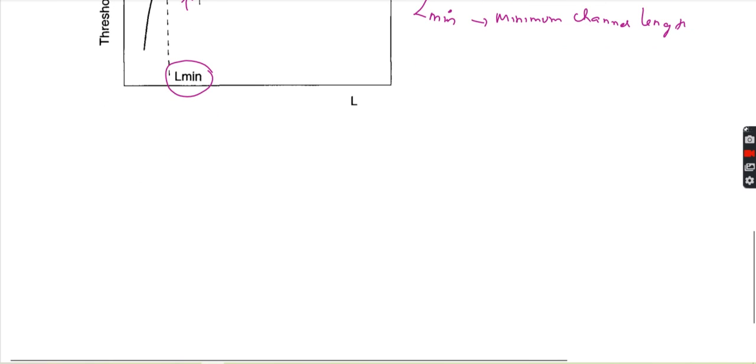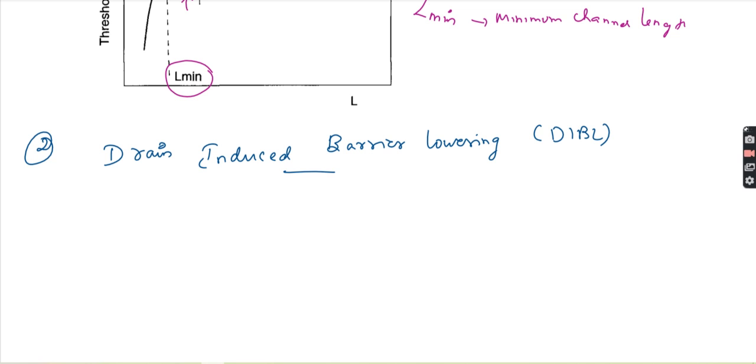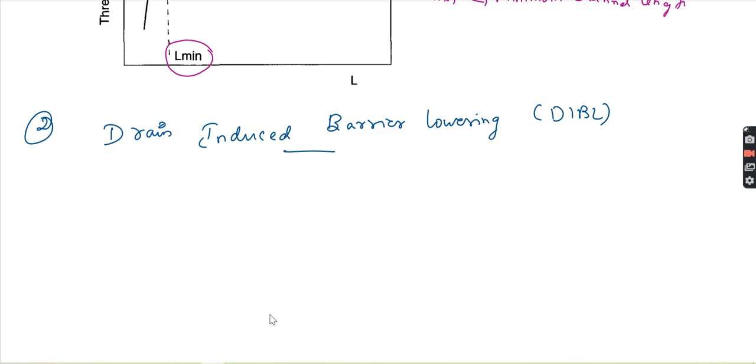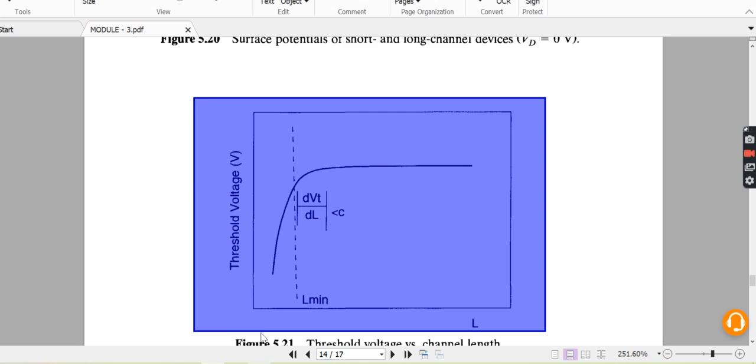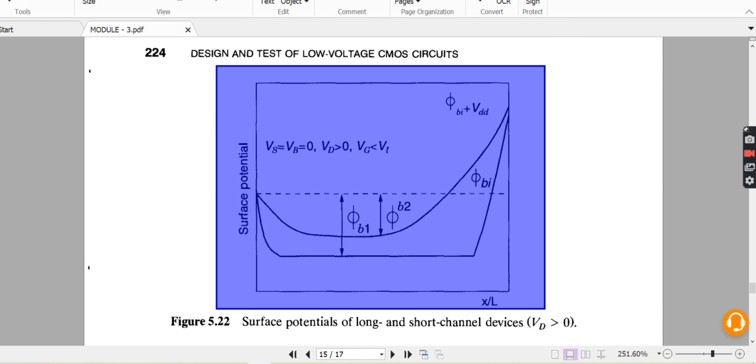Now next, let us go for the second major important factor, drain induced barrier lowering, DIBL. We already studied it, and much information was given based on DIBL.